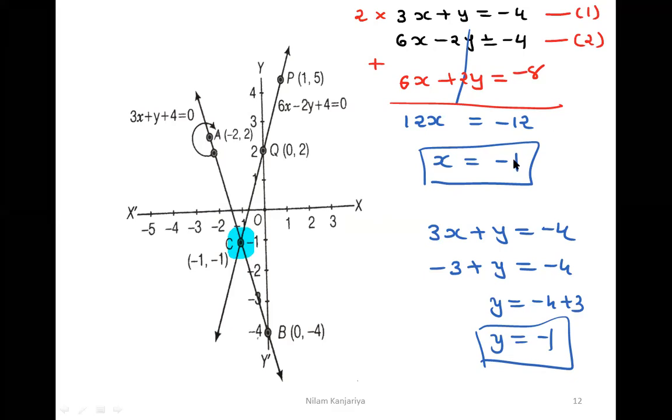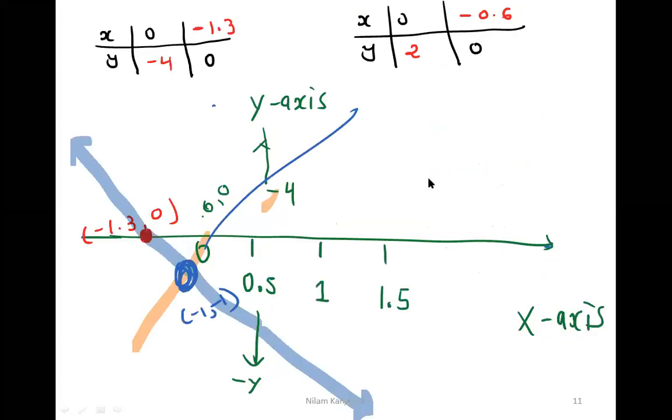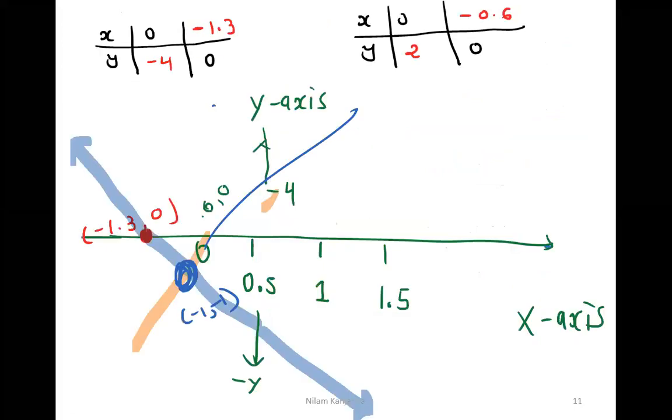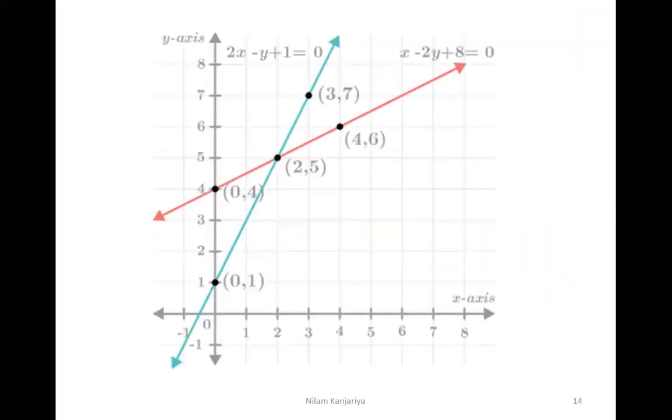Hope you clear today's session. So the graphical method is very easy. This is a very shortcut method, but it is by the graph. And for this, you must need a graph. Without a graph, you are not able to say what your x and y are. So hope you clear.